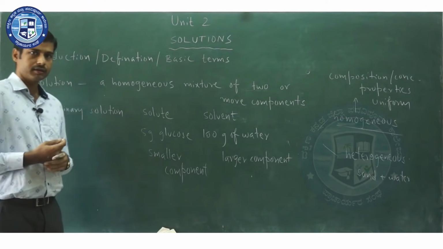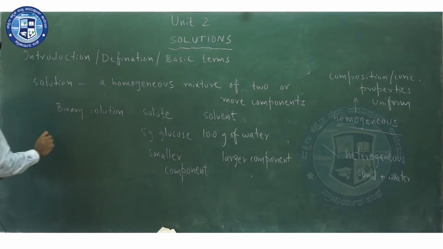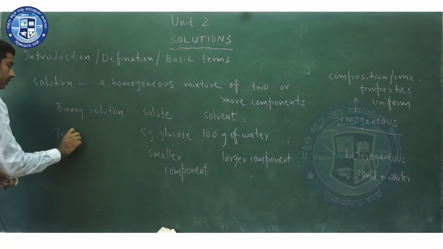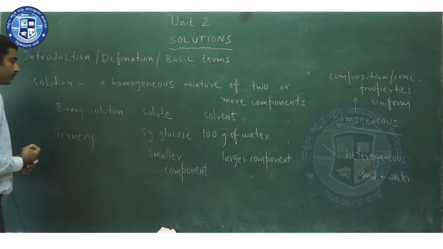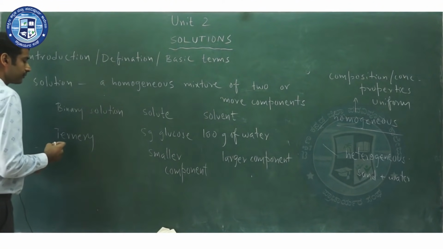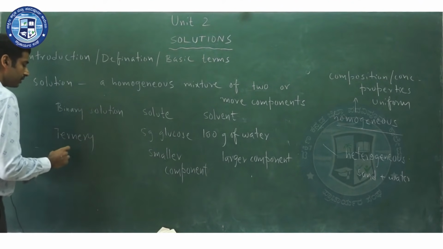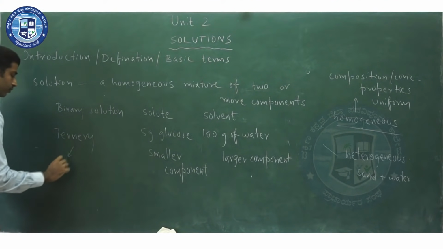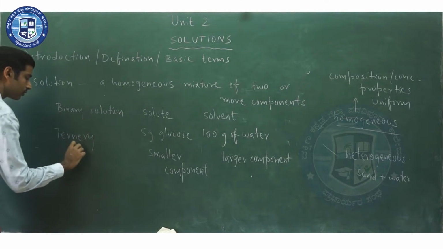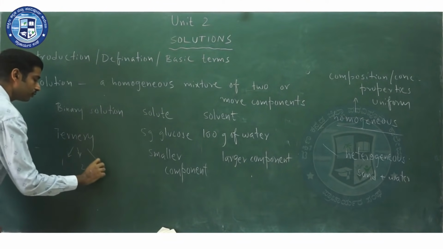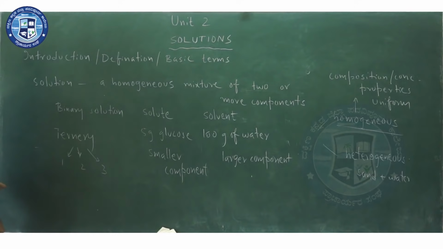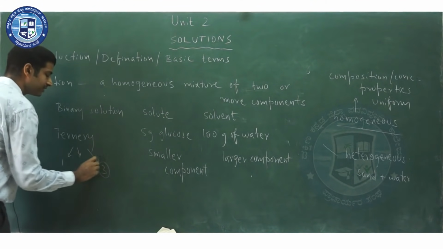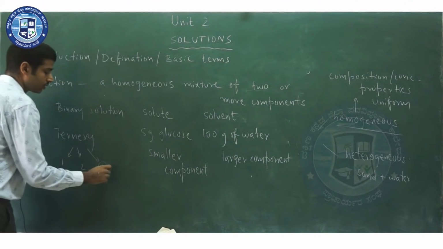I extend this further. If I take a ternary solution, I will observe that there are three components. So let me take component 1, component 2 and component 3. And let me assume that component 3 is present in the largest quantity.